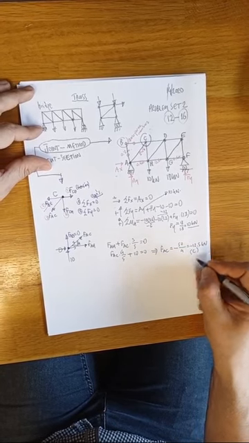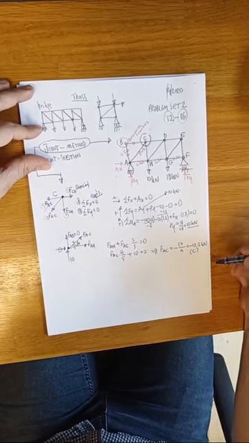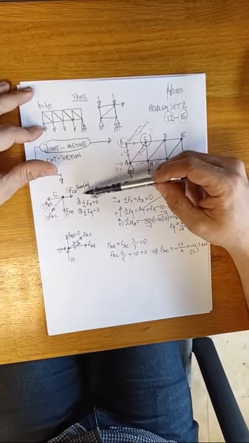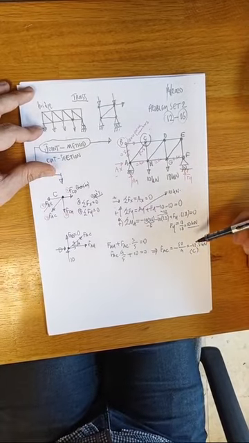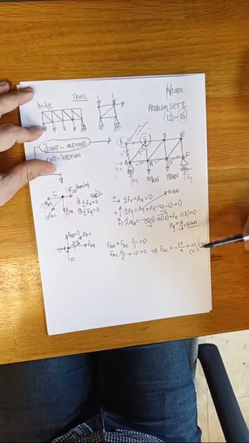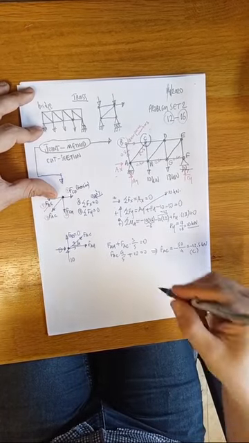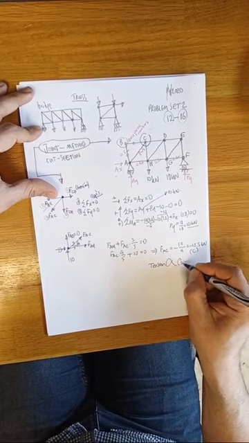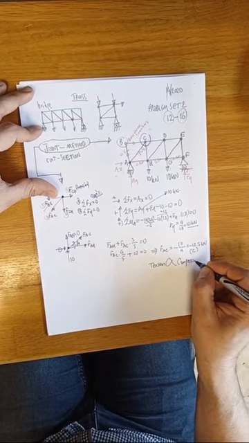kilonewtons, which is compression. Okay, why did I say compression? Notice that I have taken everything in tension, so it came out to be minus, so it means it is not in tension, it is under compression. Learn that, okay? The term, one of them is tension, the other one, the opposite of it is compression.